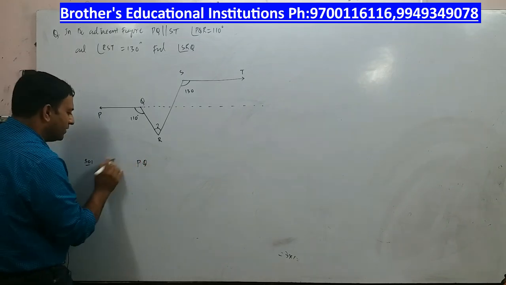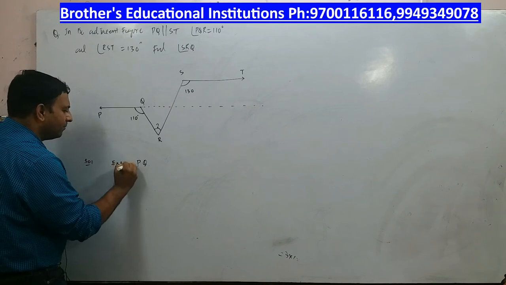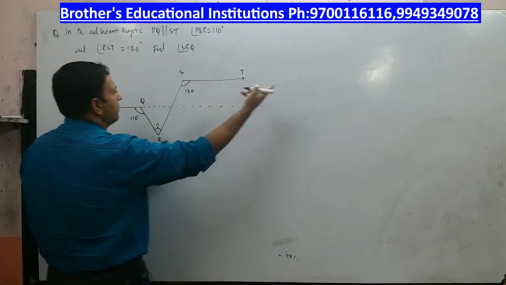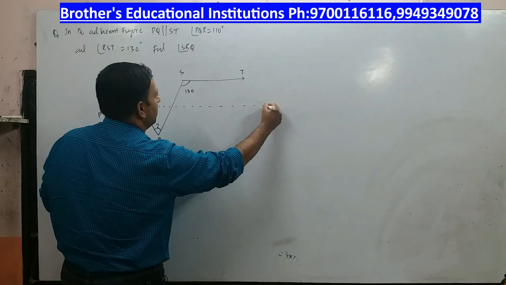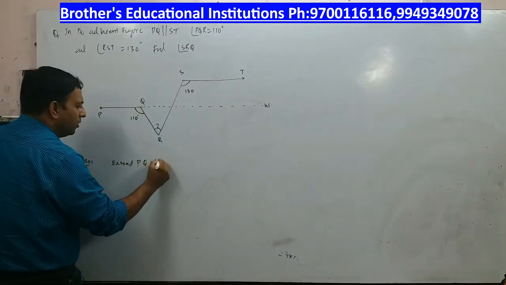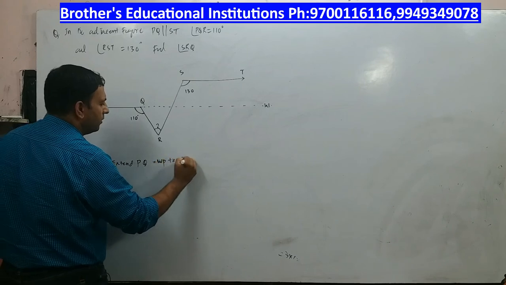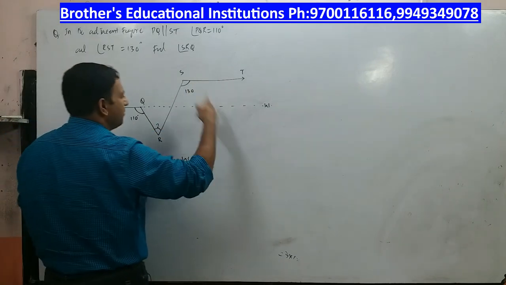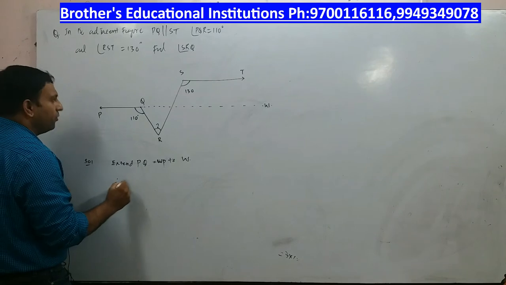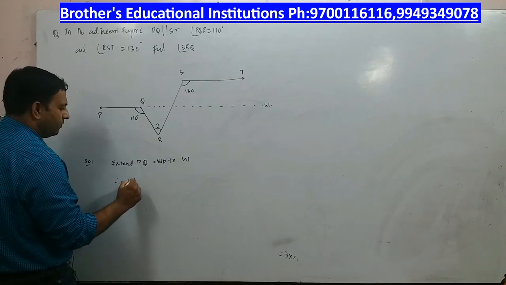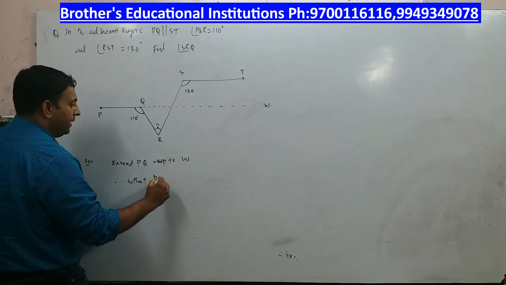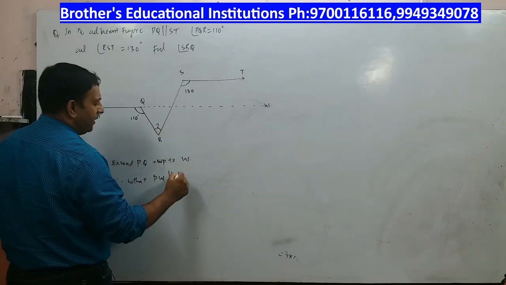I will say extend PQ up to W. Up to W. Now you can see these are parallel, is it not? So that PW is parallel to ST.